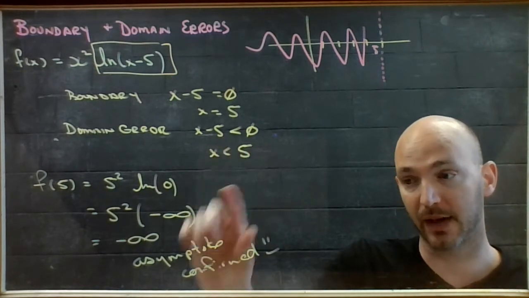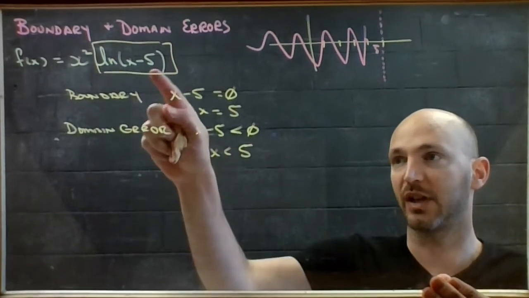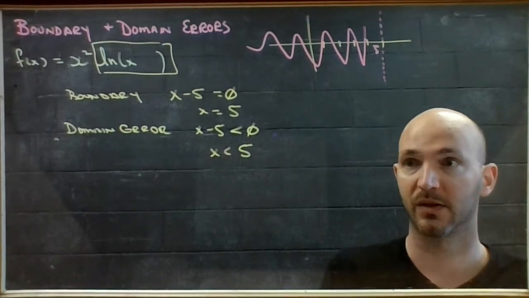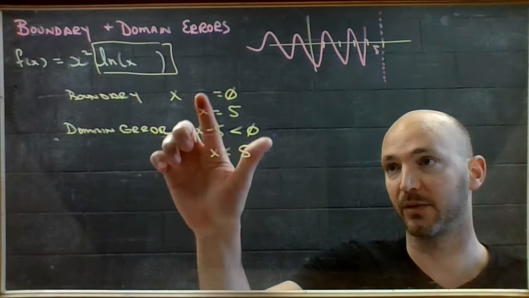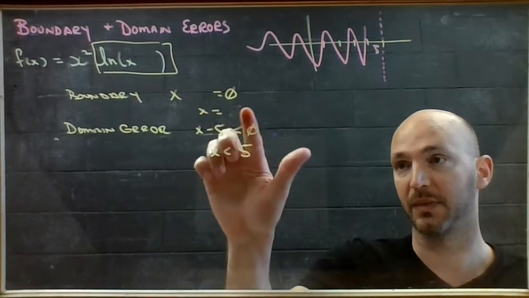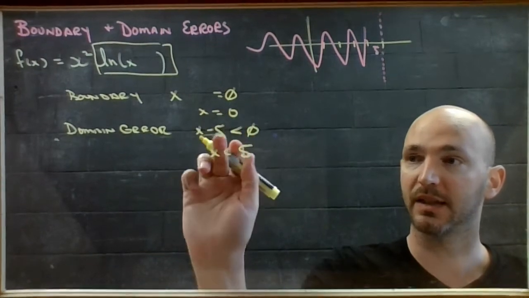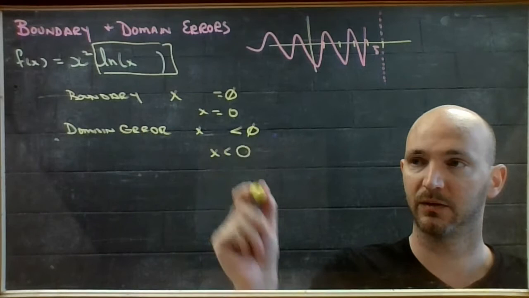I'm going to erase this and change it just a teeny tiny bit. I'm going to change this to just x squared ln x. So what does this change about this question? Well, it won't be x minus 5 here anymore. It will be x. So that means that x is 0 at the boundary error. And this won't be a 5, so this is just x is less than 0 for the domain error.